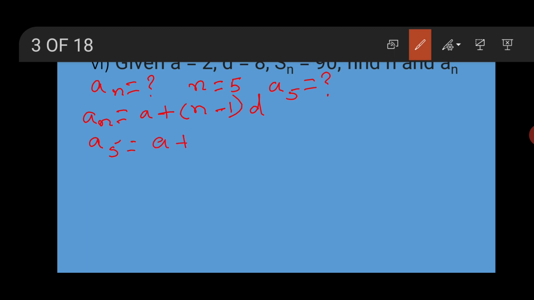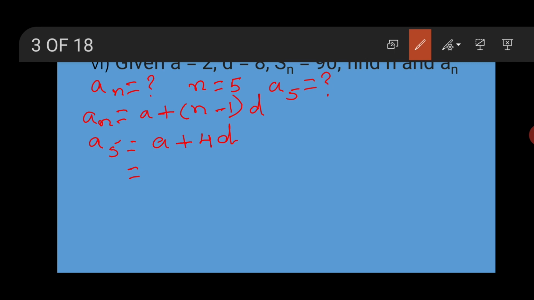Then we calculate what is the value of a_n. Since we found the n value as 5, what is a5? Using the a_n formula, a_n = a + (n − 1)d, we can directly find a5 = a + 4d.